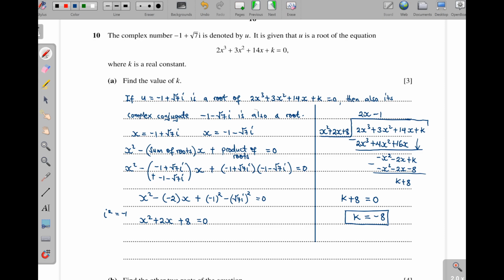Alternatively, from here, we would say that this 2x cubed plus 3x squared plus 14x plus k is the same as having this quadratic factor here, x squared plus 2x plus 8, times a linear factor here.